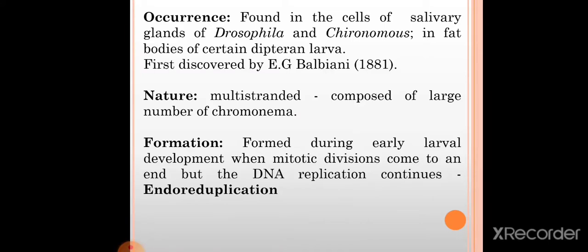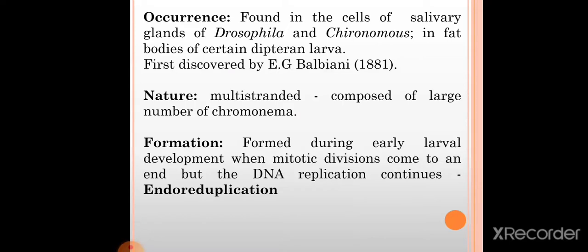Now, what makes these chromosomes multi-stranded? How is this multi-stranded nature formed? Here, these Polytene chromosomes are formed with a specialized process called endoreduplication.